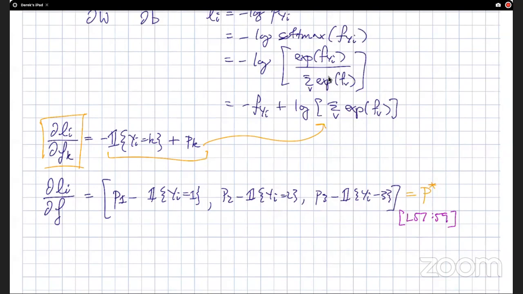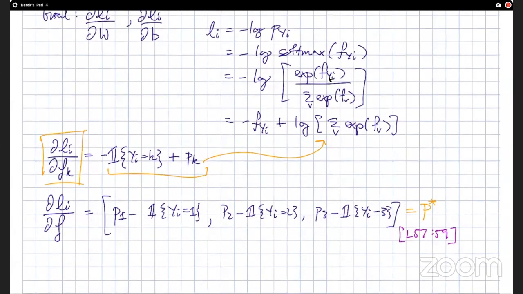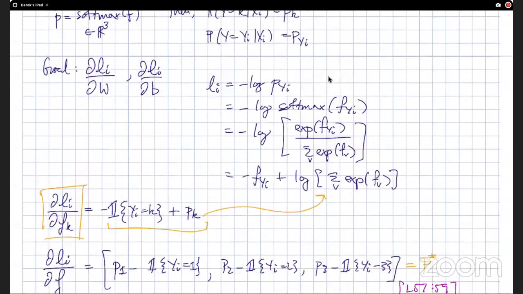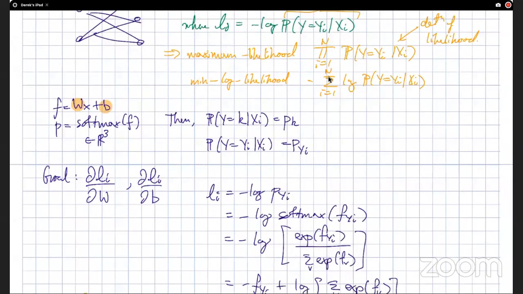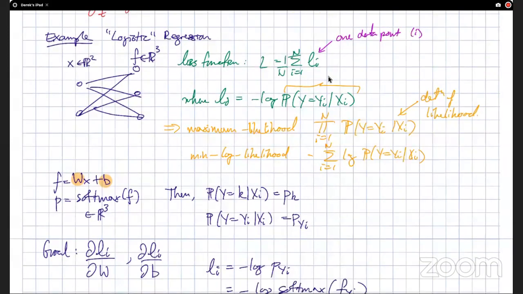Probably that's a positive. All right, so let's figure out what we're doing here. What we have is our Li. Just to back up a little bit, I use Li here because I care about just one data point at a time, parameterized by i.